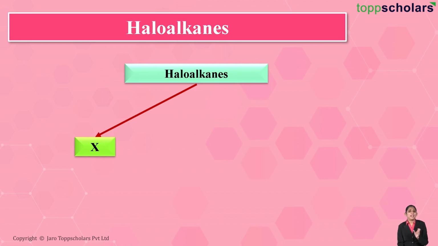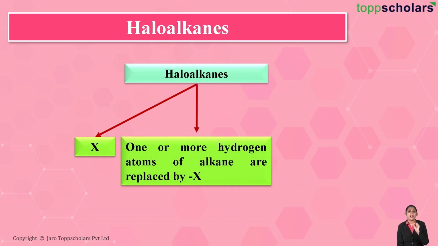So haloalkanes are formed when one of the hydrogen atoms of the alkane is replaced by this halogen atom that is represented by capital X. For example, here you can see the general formula of a haloalkane, which is represented by R single bond X. Here R represents the alkyl group and X represents the halogen atom, that is the heteroatom.